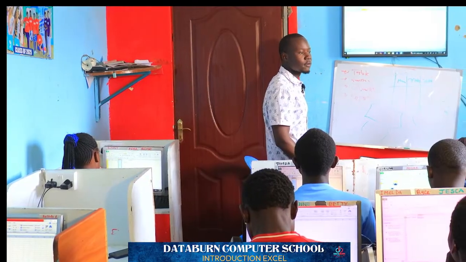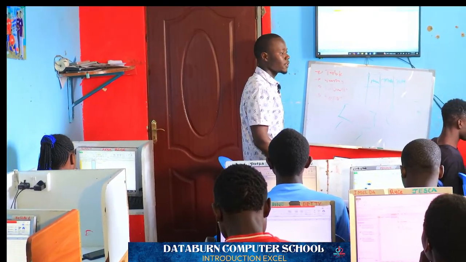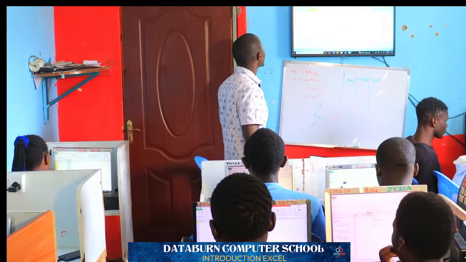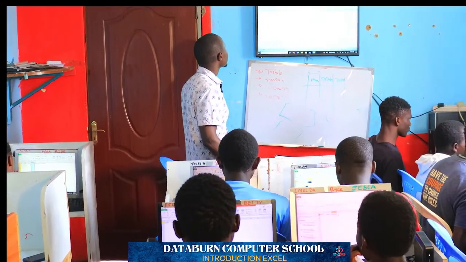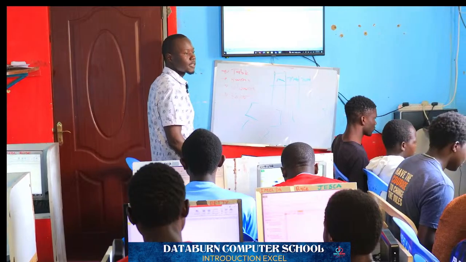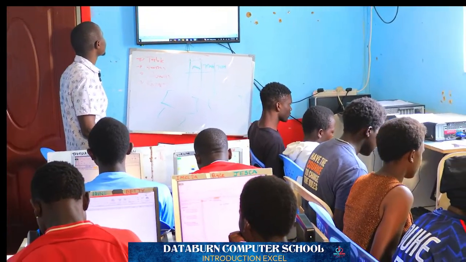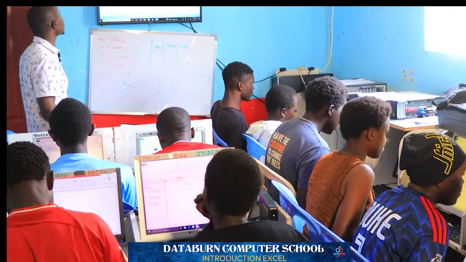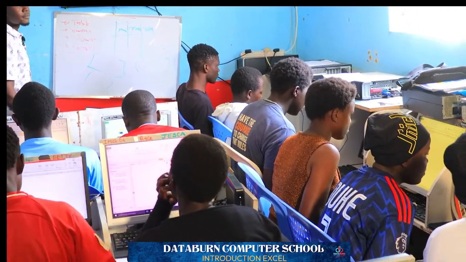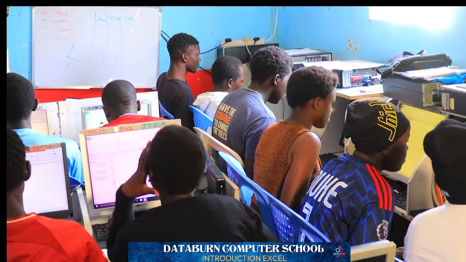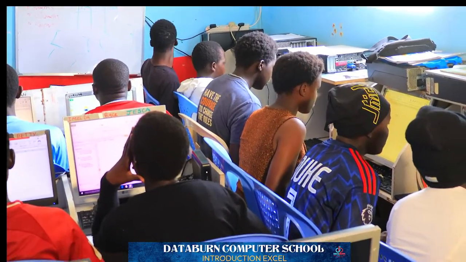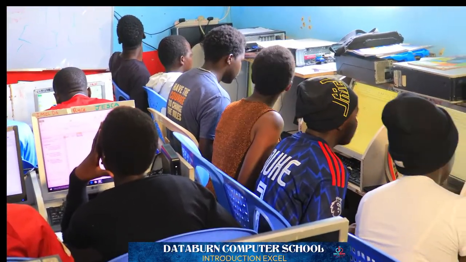Mmefanya hivyo. Just drag kidogo tu so that it can fit. Then come again for computer, click it. Click the cell for computer. Come up there, hold and drag towards the right. Hold and drag in between the columns.